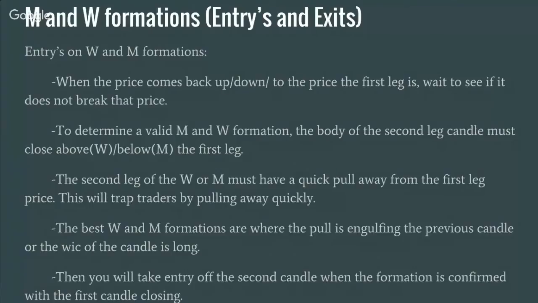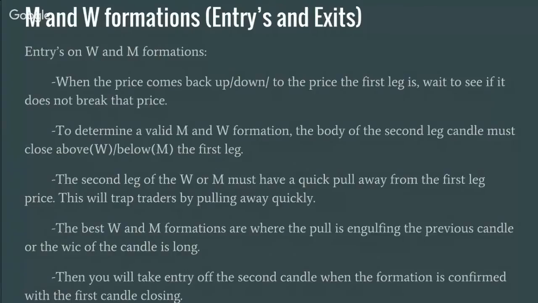All right, question. Regarding point 2, how far below M or above does the second leg need to be? Does 1 pip qualify? I've been getting asked this question multiple times.